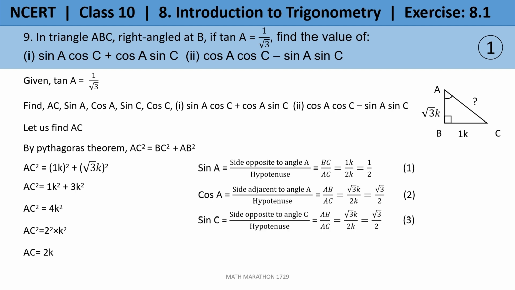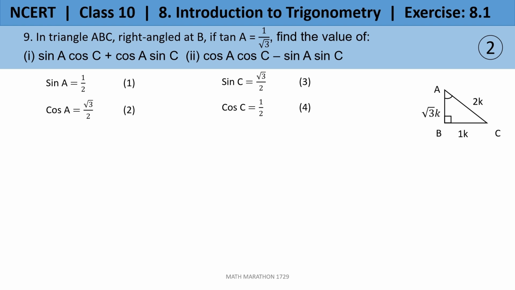Sin C is equal to side opposite to angle C by hypotenuse, which is equal to AB by AC, which is equal to root 3k by 2k, which is equal to root 3 by 2. Cos C is equal to side adjacent to angle C by hypotenuse, which is equal to BC by AC, which is equal to 1k by 2k, which is equal to 1 by 2.